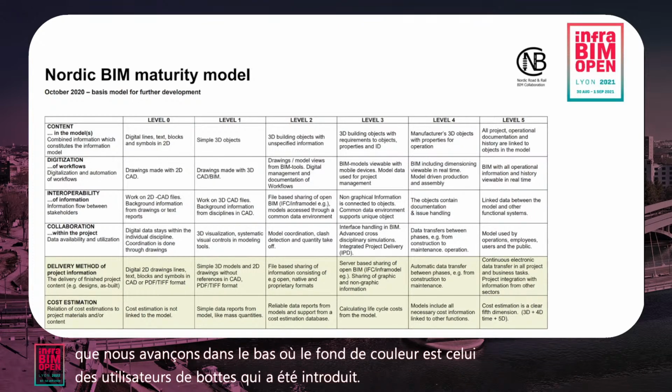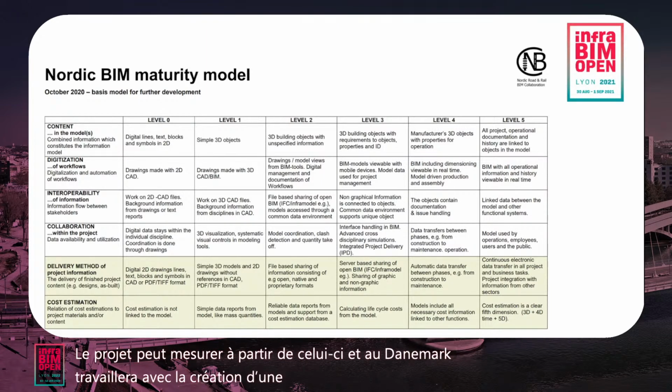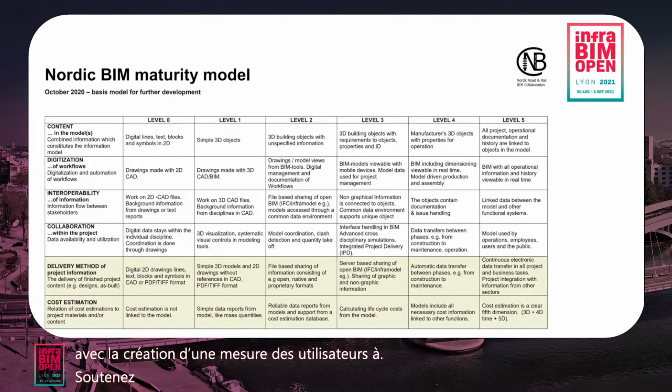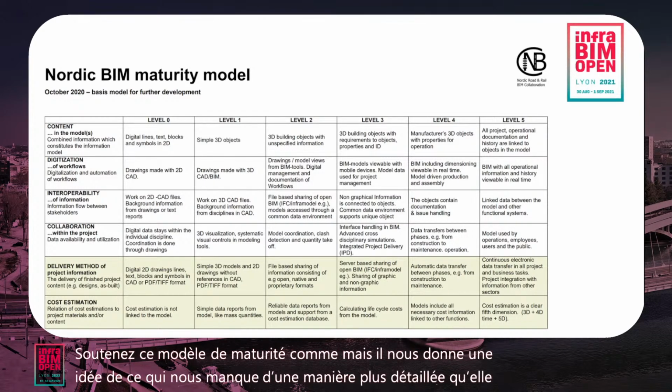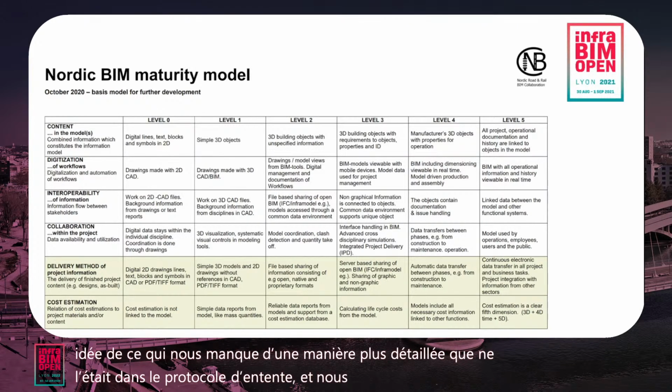In Finland, they have done some project measurement out of it, and in Denmark, we have worked with creating a measurement of the uses to support this maturity model as well. But it gives us an idea of what BIM is in a more detailed way than was in the memorandum of understanding, and we want to use this to define our work further on as well.